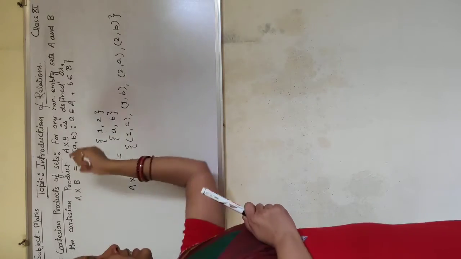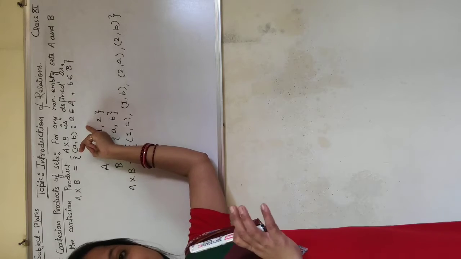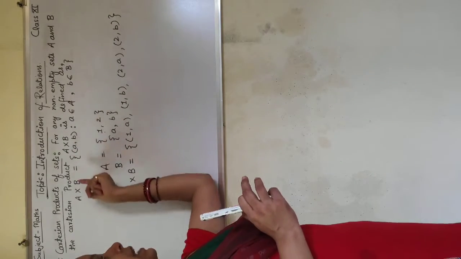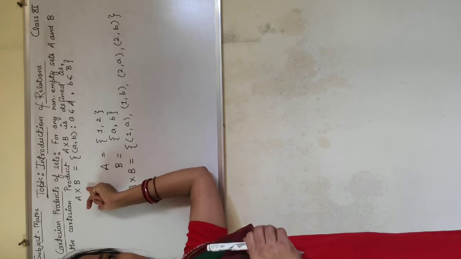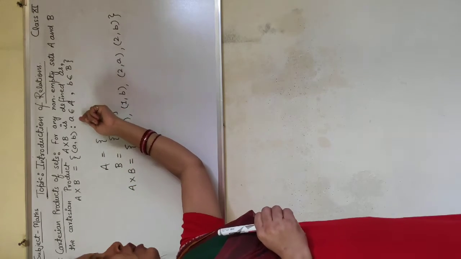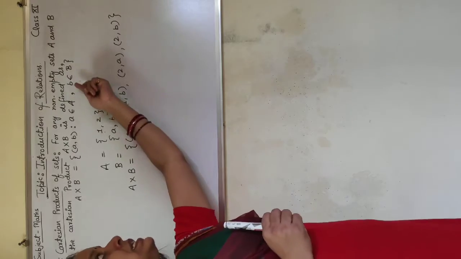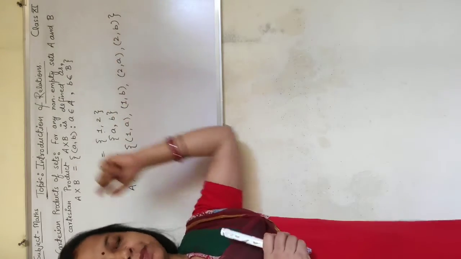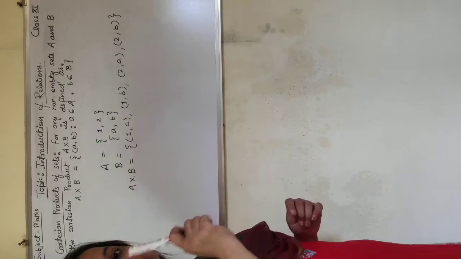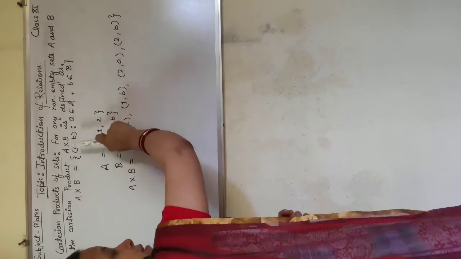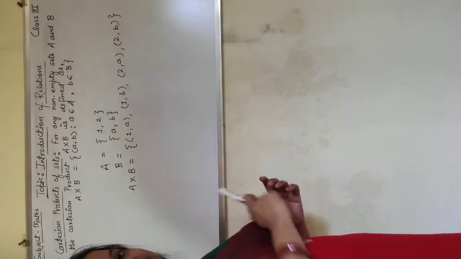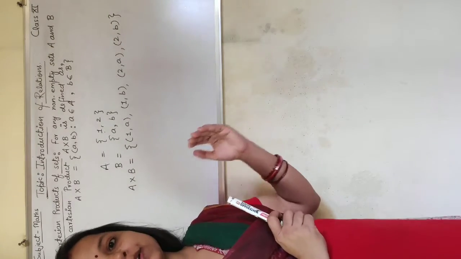You know coordinates, you know how to write them. So (a, b) is an element of the Cartesian product of A and B, such that a belongs to set A and b belongs to set B. That means the first element of the ordered pair will be in the first set, and the second element of the ordered pair will be in the second set. That is known as an ordered pair.